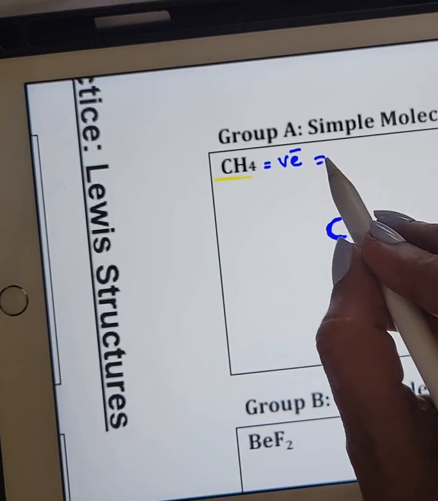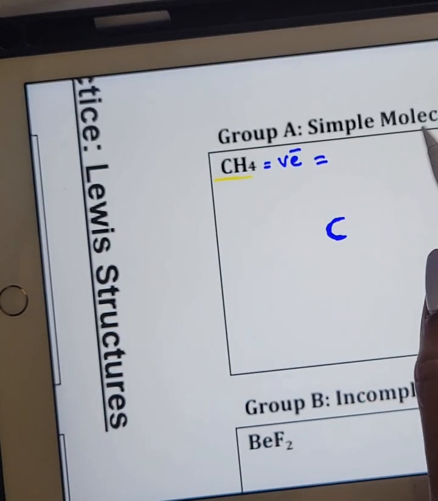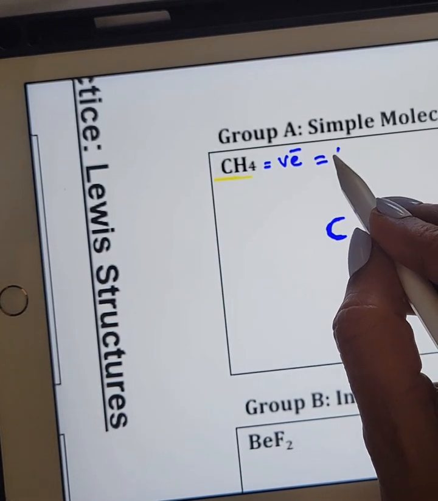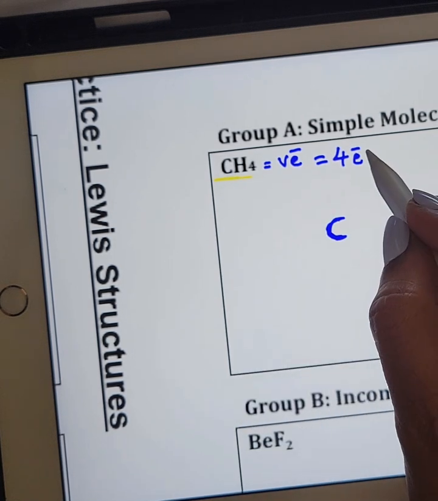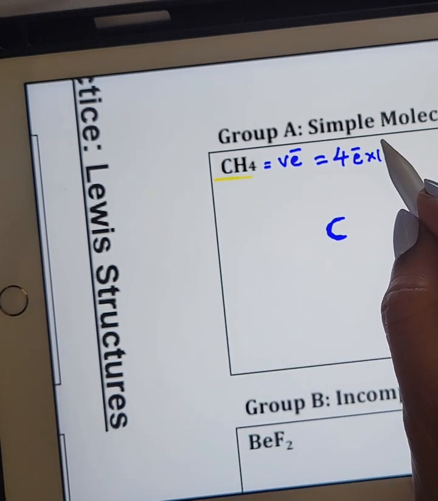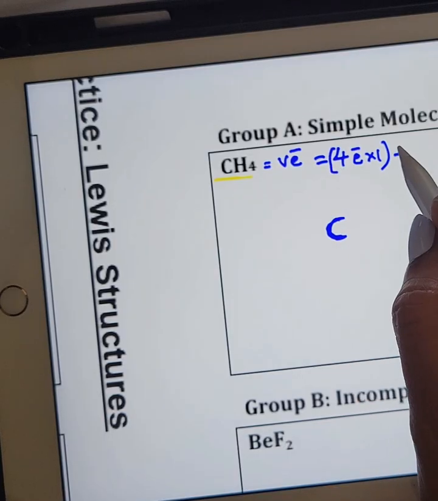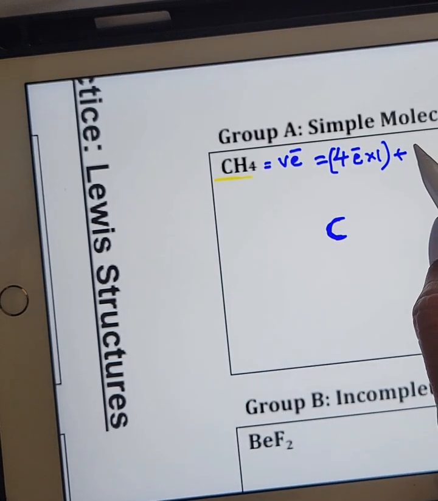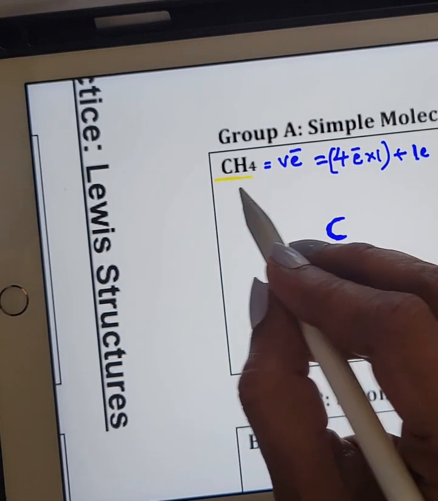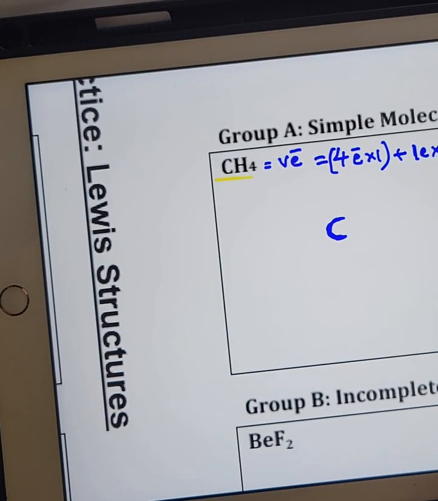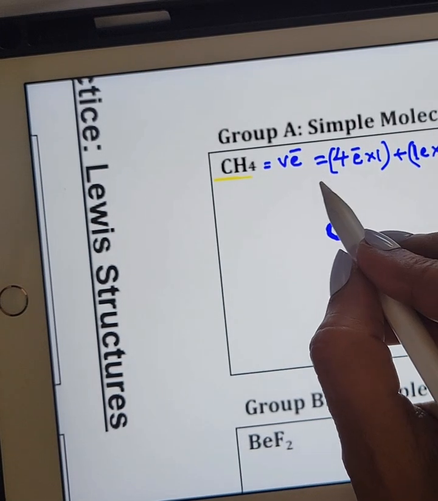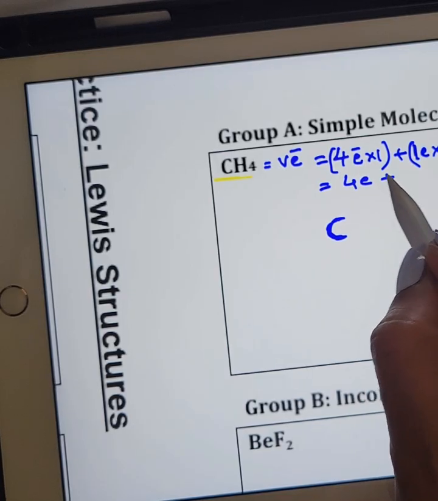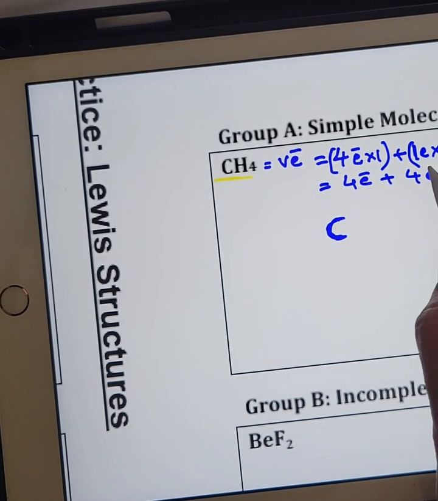Let's do that. Carbon is in group 14, so how many electrons are there? 4 electrons. And here there is only one carbon, so I multiply by 4. Plus hydrogen is in group 1, 1 electron. How many hydrogens are there? 4. So 4 electrons from carbon plus 4 electrons from hydrogen.